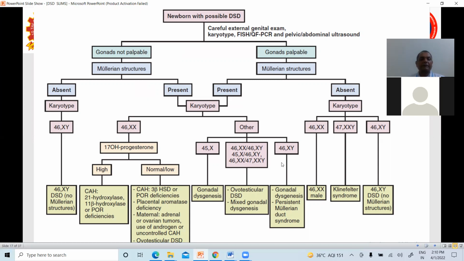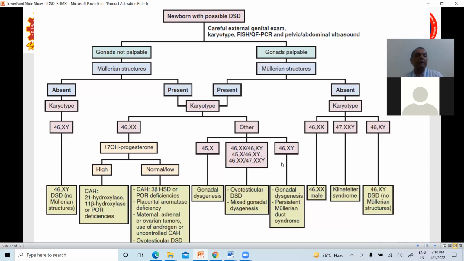If 46XX, then you can go for 17 hydroxyprogesterone. If it is high, it is indicative of congenital adrenal hyperplasia. But you should be very careful while interpreting the value of 17 hydroxyprogesterone. In preterm babies, this value is more than normal. But if you are suspecting CAH, the value will be around 80 to 100 times more than normal.